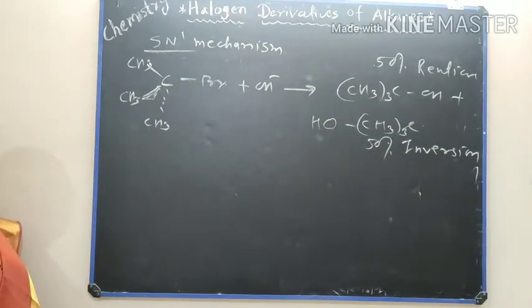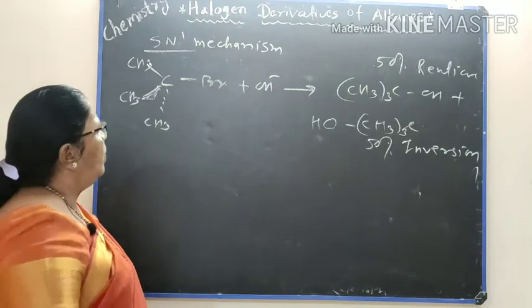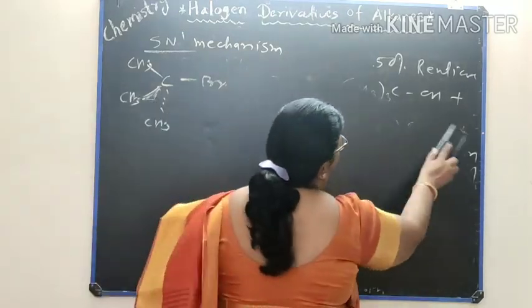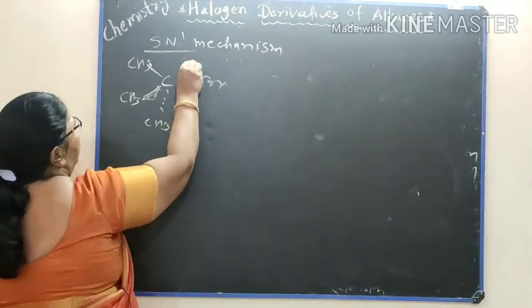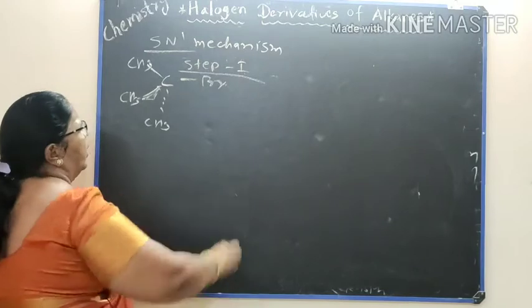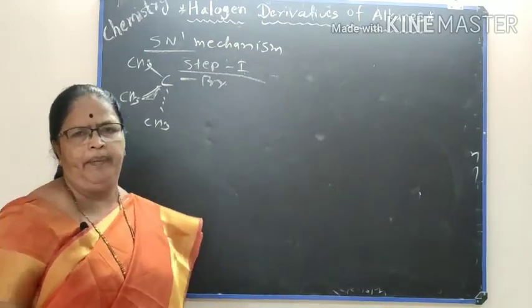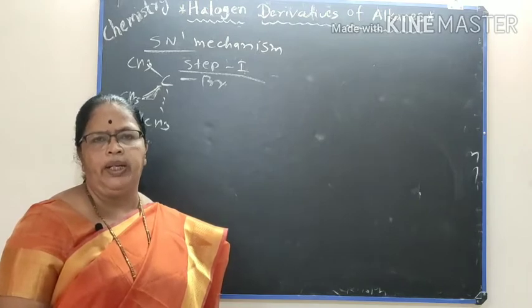How does this mechanism take place? This reaction occurs in two steps. The first step is the formation of the tertiary butyl carbocation.